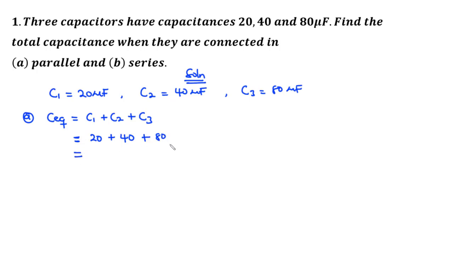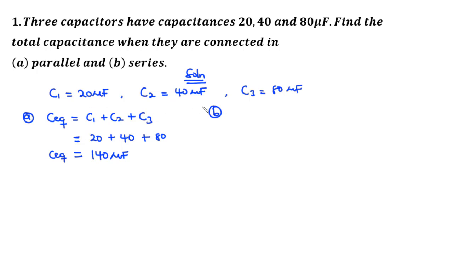Now 20 plus 80 is 100, plus 40, we have 140. So that's going to be 140 microfarads. That is the equivalent capacitance for the parallel combination.